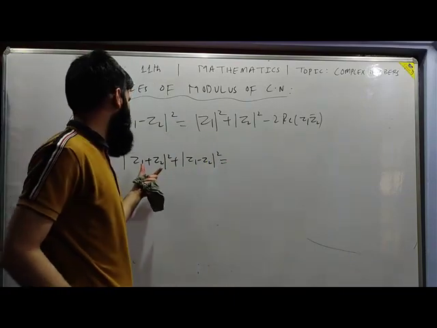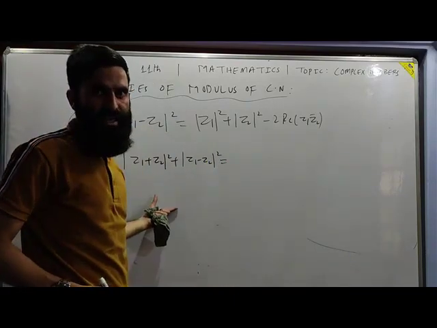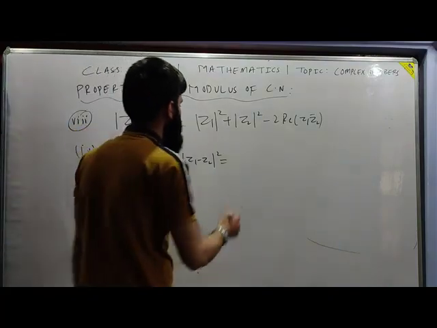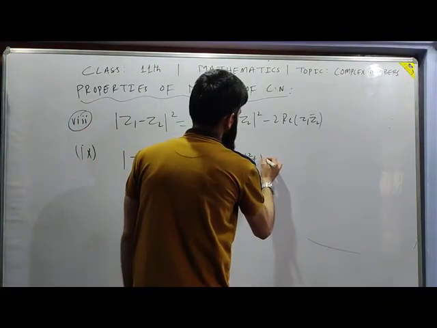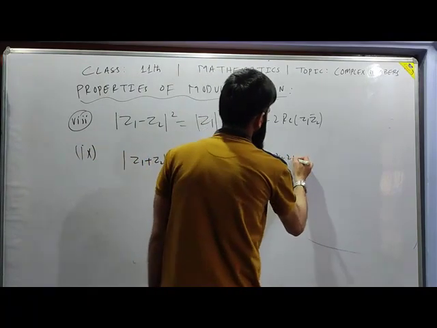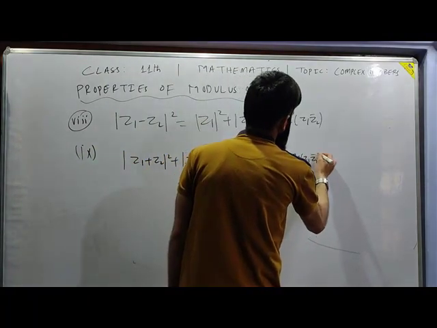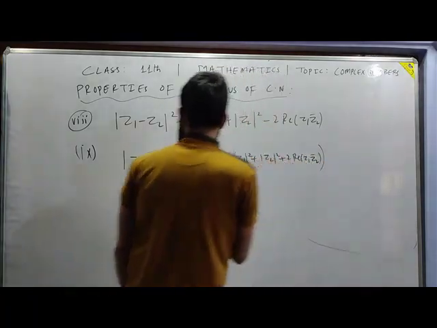Obviously, when we take the summation of the left-hand sides, it corresponds to the summation of the right-hand sides. So this is equal to modulus of Z1 square plus modulus of Z2 square plus twice the real part of Z1 Z2 conjugate. Okay, so this is this one now.